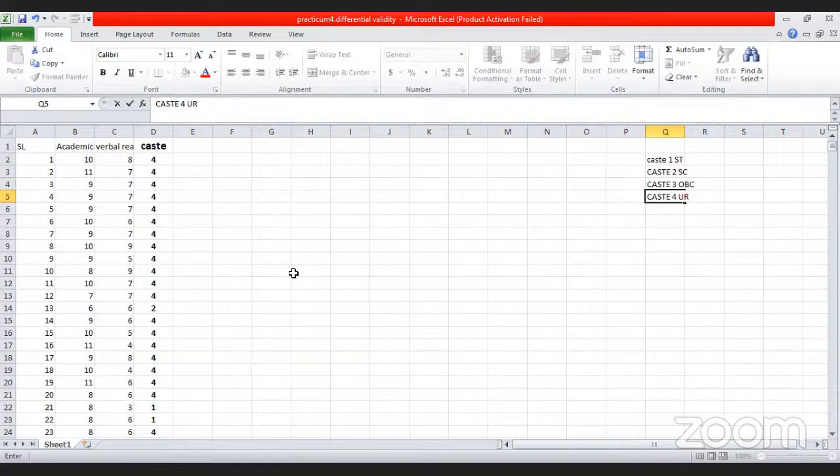Okay, so we will check whether the correlation between academic achievement and verbal reasoning differs between the subcategories of the castes, or is the same for the total population. So first we will check the correlation coefficient for the whole population. Before that, I will arrange the caste categories from smallest to largest. So I will select it out.